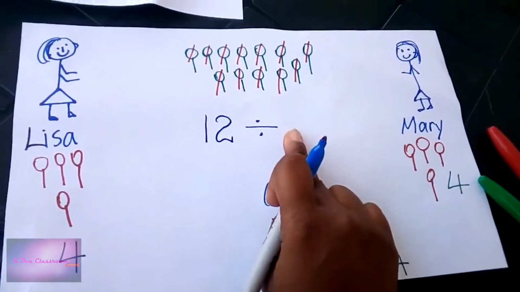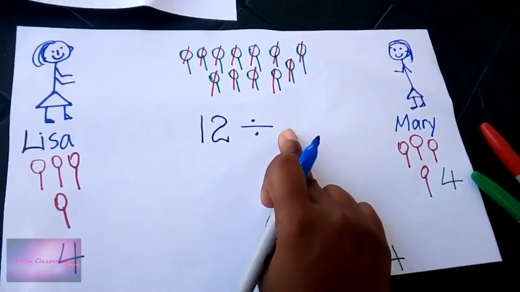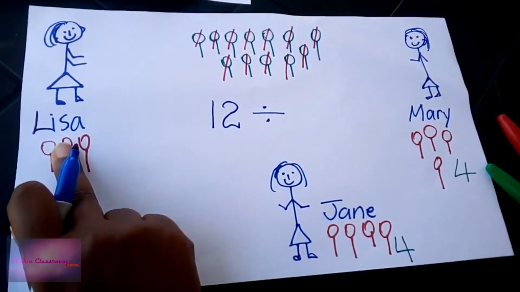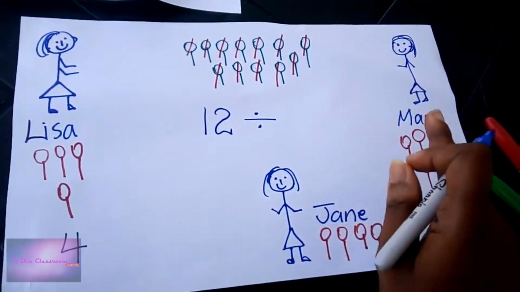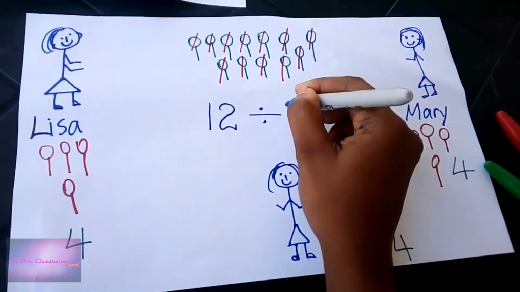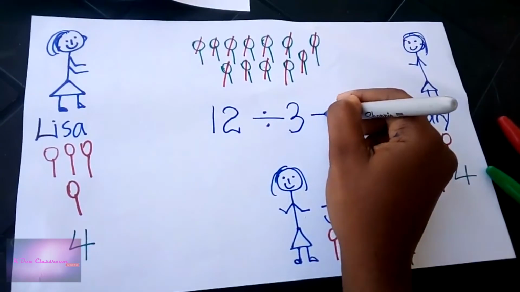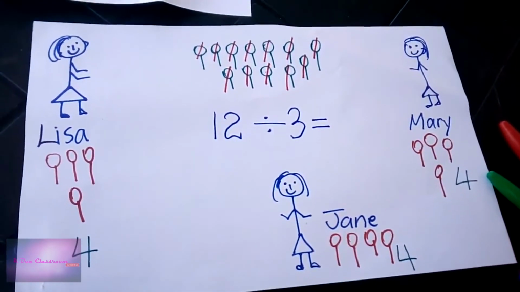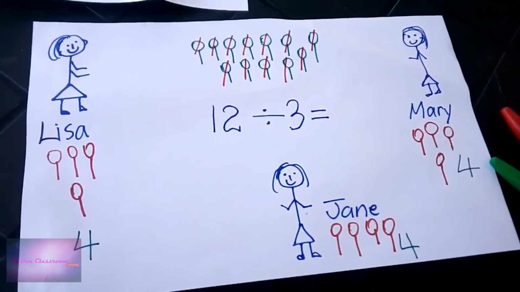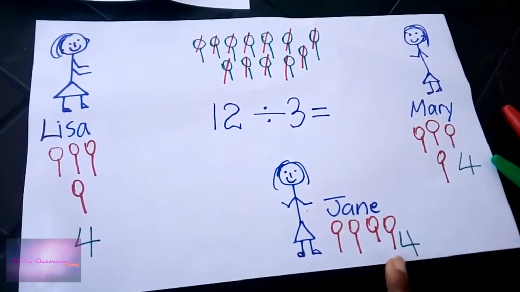Now what do I write here? How many groups did I share this 12 into? 1 group, 2, 3. 3 groups. So I'm going to write my 3 here. Now when I shared this into 3 groups, how many did each person get?